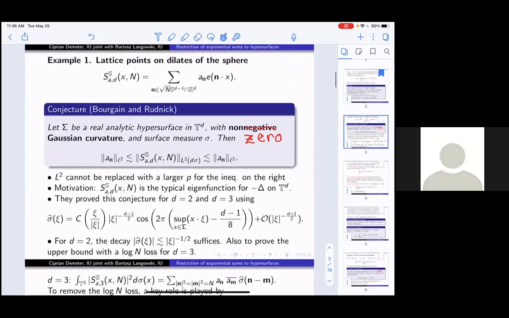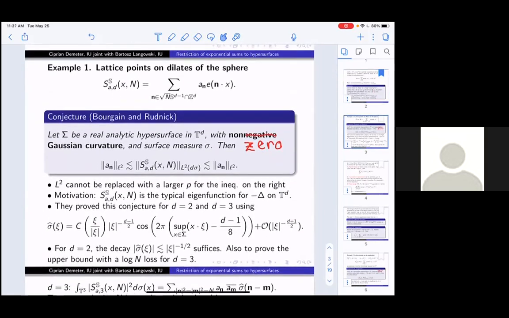So the first example, which actually has motivated most of our work initially, and we spent some time thinking about this last summer during the pandemic, is the example of lattice points on dilates of the sphere. I have an upper script S, if you look at the top of the screen, to remind ourselves that we deal with a sphere. And this is the sphere of radius square root of n.